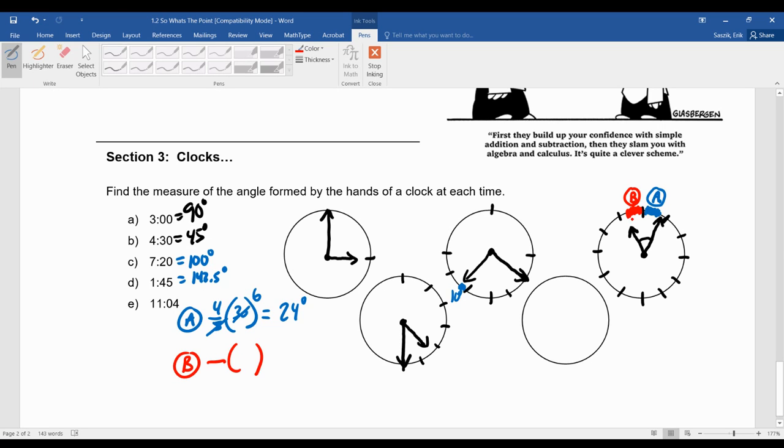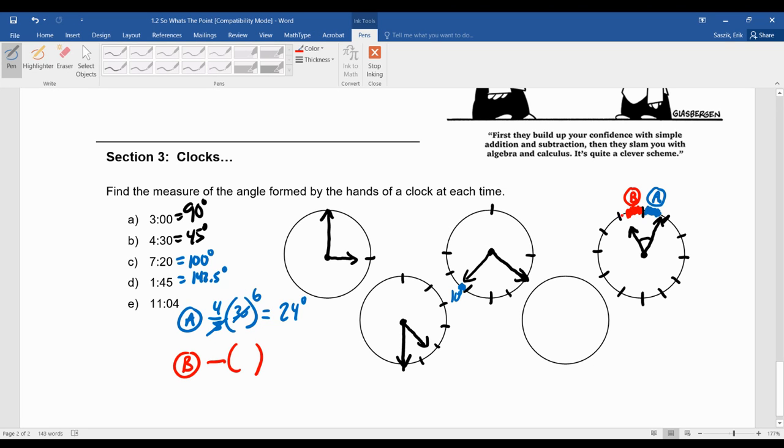And I hope you say that this is the number of minutes until the next hour, because of the direction that this thing moves in. Now remember, how many minutes is it until the next hour? It's 11:04. So that means this little section is 4 minutes. Remember, it takes 60 minutes for the hand to traverse this whole zone. So if that's 4, this is 56.